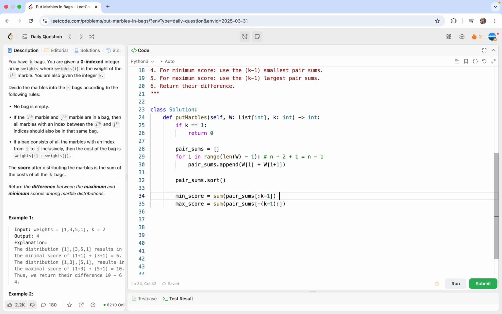If you add, say, weight 0 plus weight n minus 1, so I guess negative 1, this will be the score, but I don't think we need to do this, right? So then what we want to do is to return the maximum score minus the min score, right?